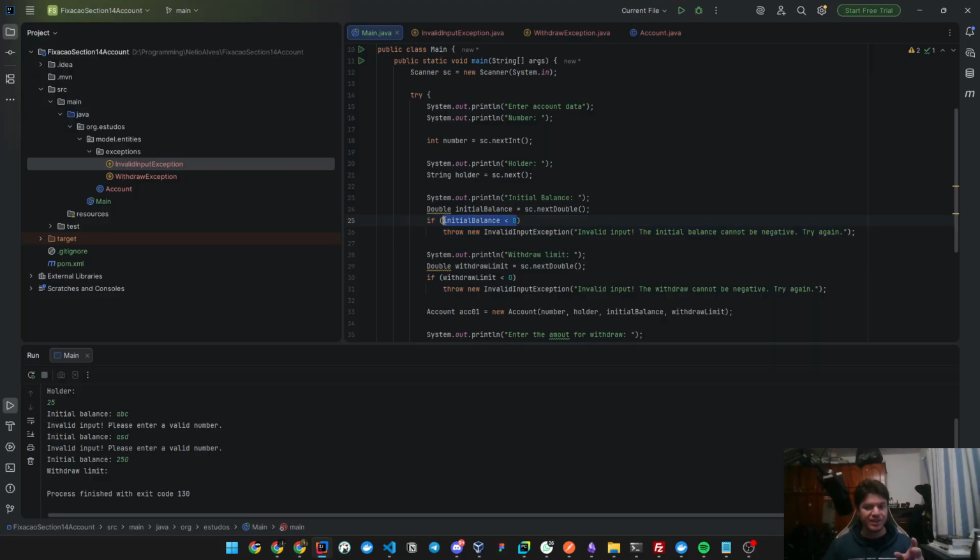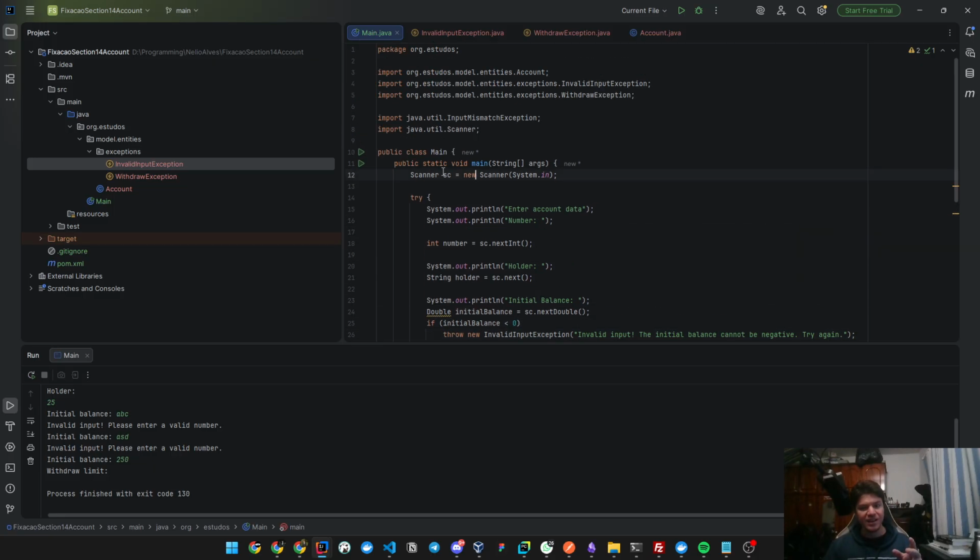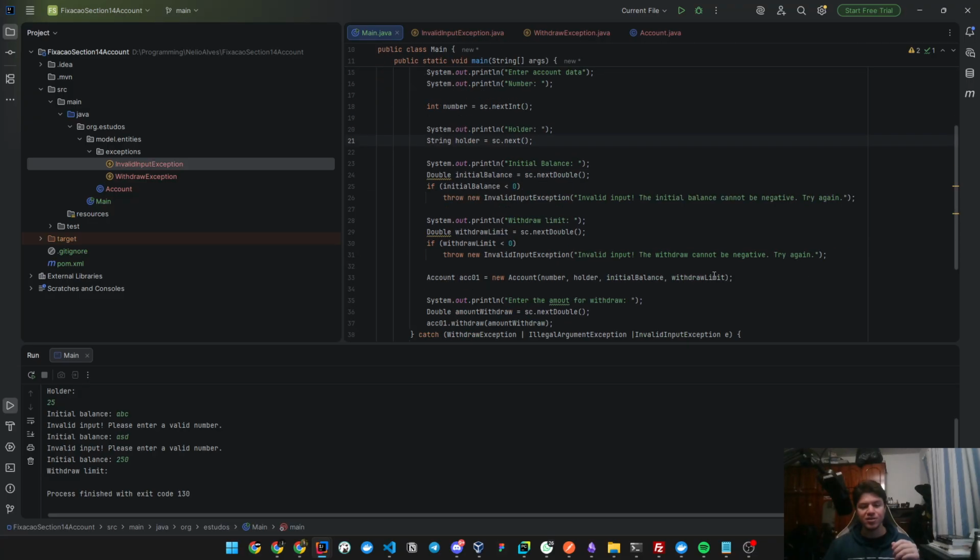This if statement is better. There are a lot of more efficient ways than throwing an exception in the main flow of events. So this is just to exercise what I'm trying to learn in the course.